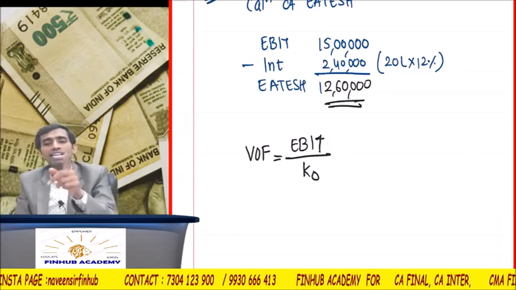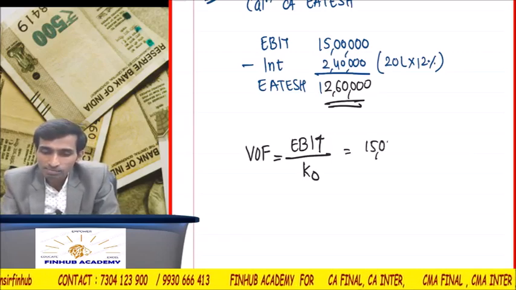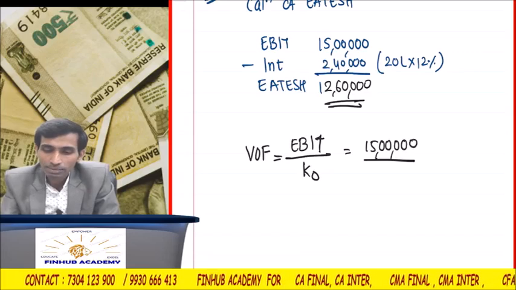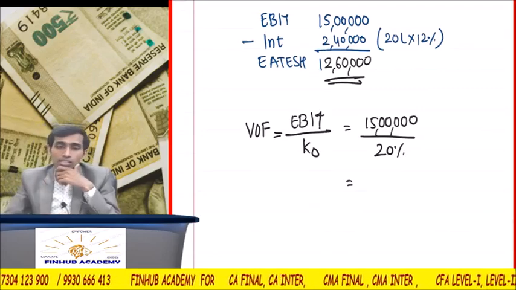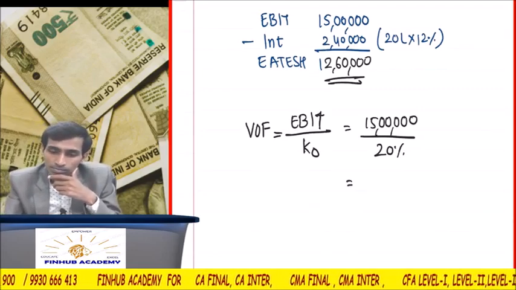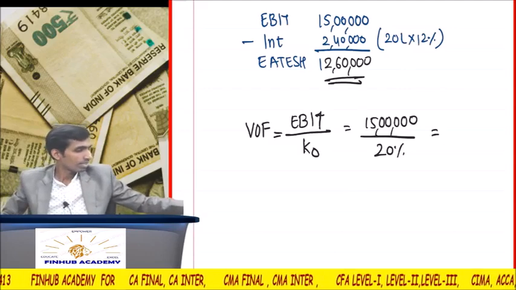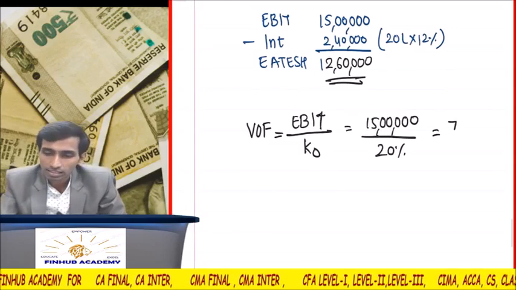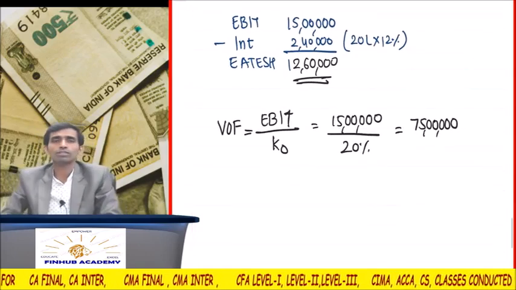Hence the name net operating income approach. So EBIT is 15 lakhs, divided by 20%, KO given in the question. That is 75 lakhs. Copy. Go slow.